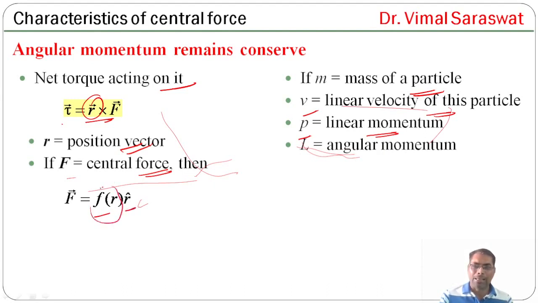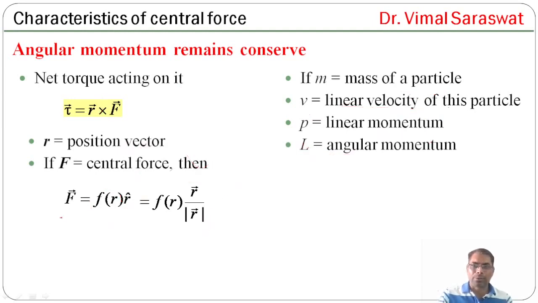This f(r) is any function of r, and r cap is our unit vector. Since r cap is vector r upon magnitude r, central force F equals f(r) into vector r upon magnitude r.